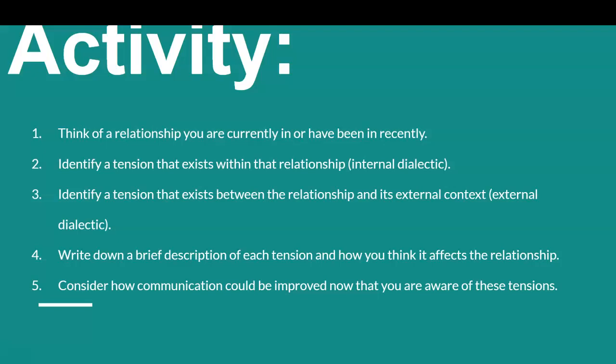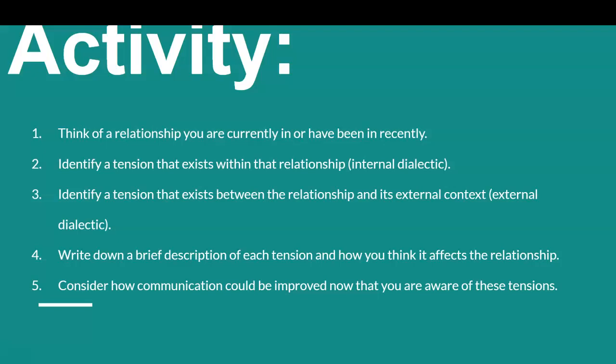And then once you've identified an internal dialectic tension, I'd like you to identify an external. So that's going to be a tension that exists between the relationship and its external context. So if that was maybe you and your coworker and how there's conflict or tension between your relationship and the team that you work with.